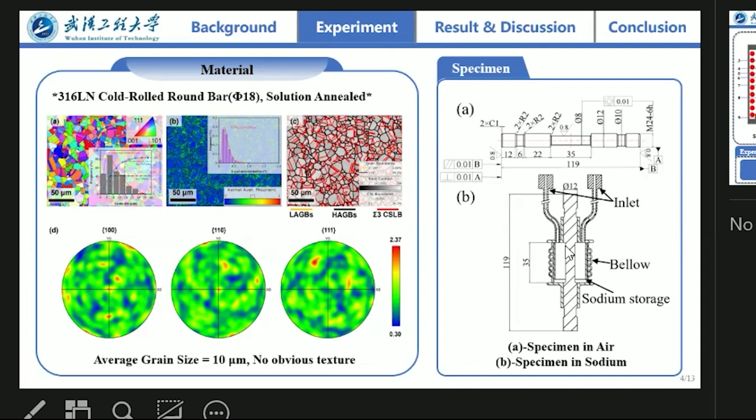Next, we designed two types of specimen. In this picture, you can see specimen A and specimen B. Specimen A does the creep test in air, and specimen B does the creep test in sodium.